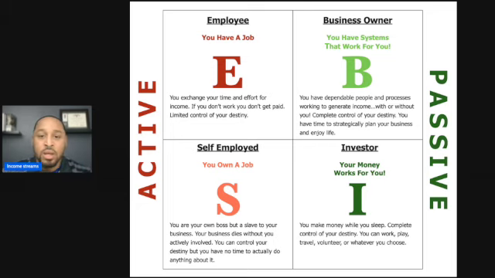So the business owner relies on systems that work for the business owner. It's not necessarily based on the active work. It's based on systems, right? They have dependable people, right? That help bring income into the business, right? With or without those people, they're going to be successful because they have systems in place, and they have time to strategically plan for your business and enjoy ultimate life, right?